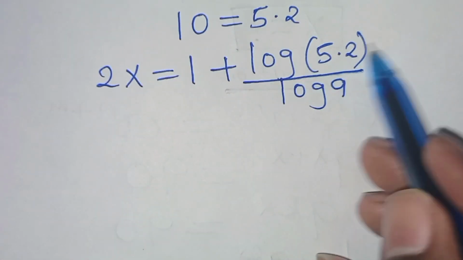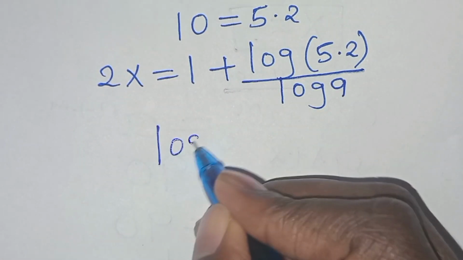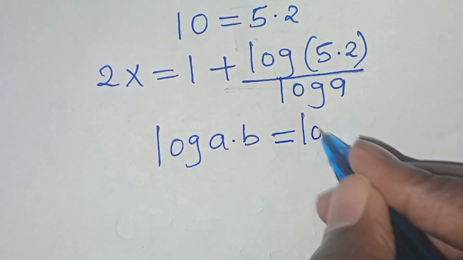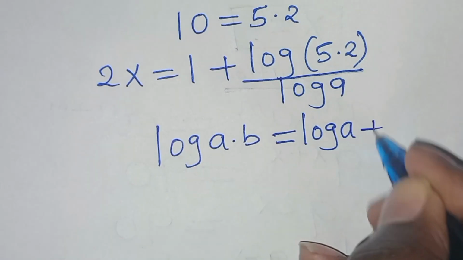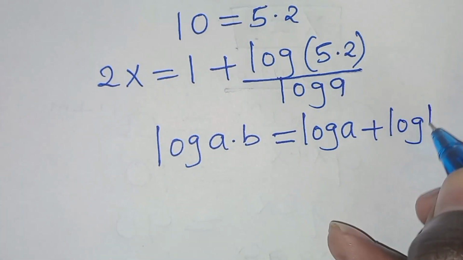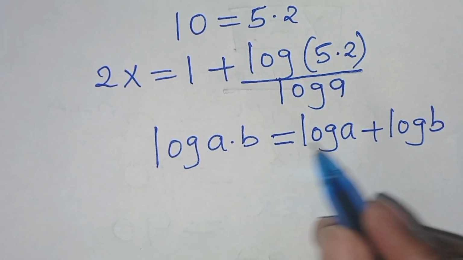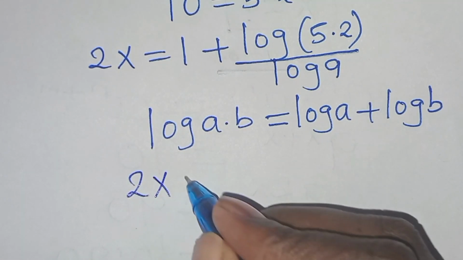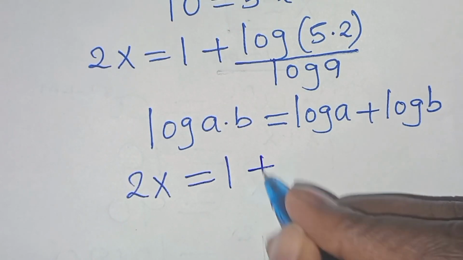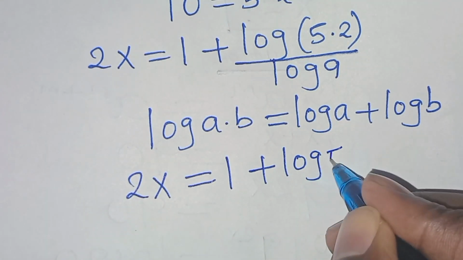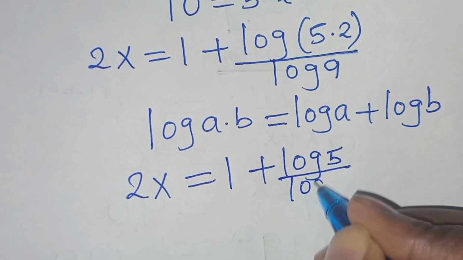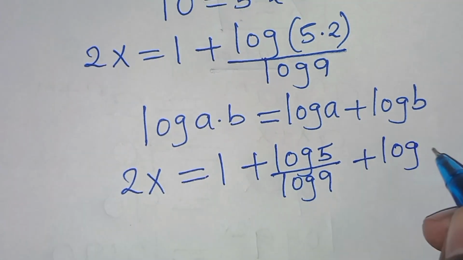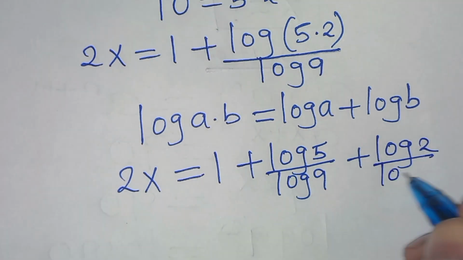So log 5 times 2, this again is in the form of log a times b, which we can express as log a plus log b. Applying this logarithm property, then this implies we have 2x is equal to 1 plus log 5 divided by log 9, then plus log 2 divided by log 9.